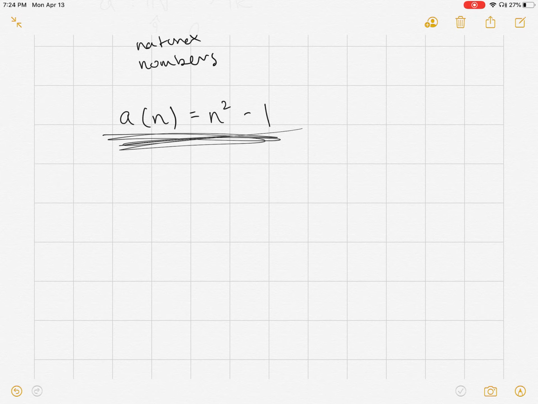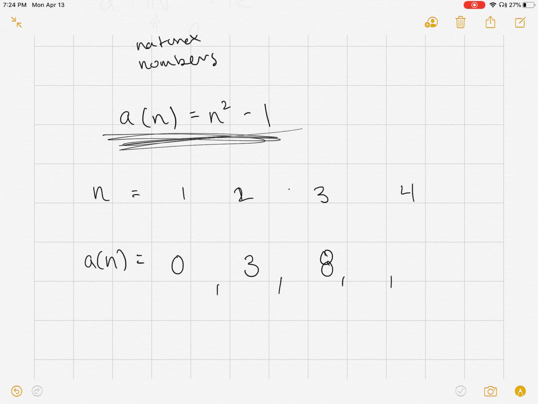So in this case, we'll start with when n is equal to 1 being the first term in our sequence. So we'll say this is n: 1, 2, 3, 4, on and on and on. And then our a of n is going to be, in this case, a of 1 is 1 squared minus 1. It's going to give us 0. 2 squared minus 1 is going to give us 3. 3 squared minus 1 will give us 8.